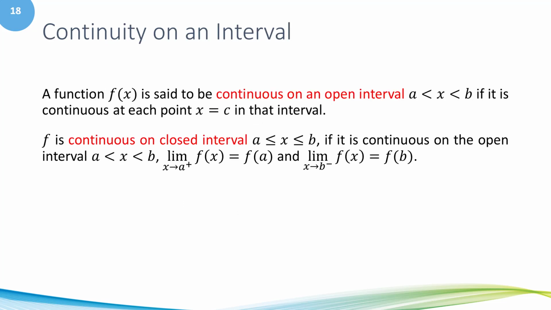And finally, this is the last topic in this video, continuity on an interval. If we want to check whether f is continuous on an open interval (a, b), then we have to check whether it is continuous at every point c between a and b.